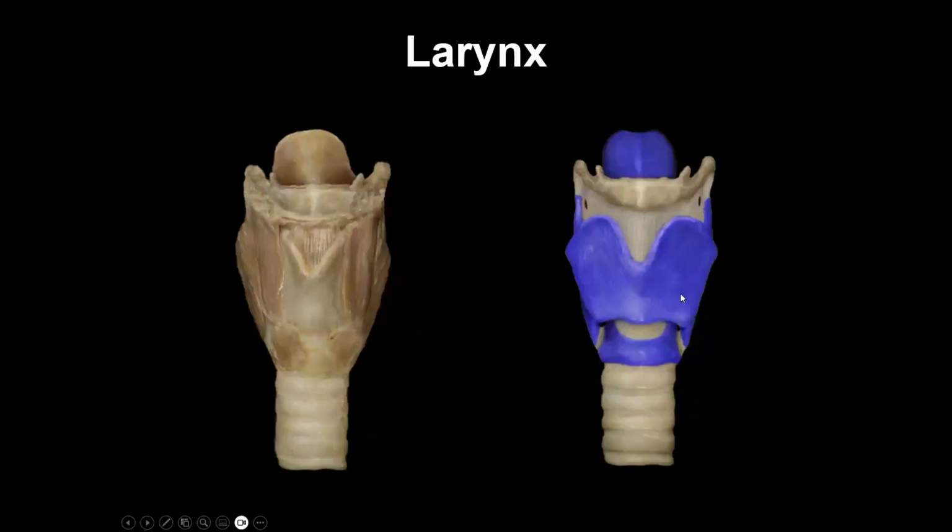Now, we'll talk about these cartilages. The thyroid cartilage, here's our hyoid bone, thyroid cartilage, cricoid, and the rest of it is the trachea. Understand that the very start of our respiratory system contains a lot of cartilage for a reason. Cartilage usually is very strong and it allows us to maintain an open airway.